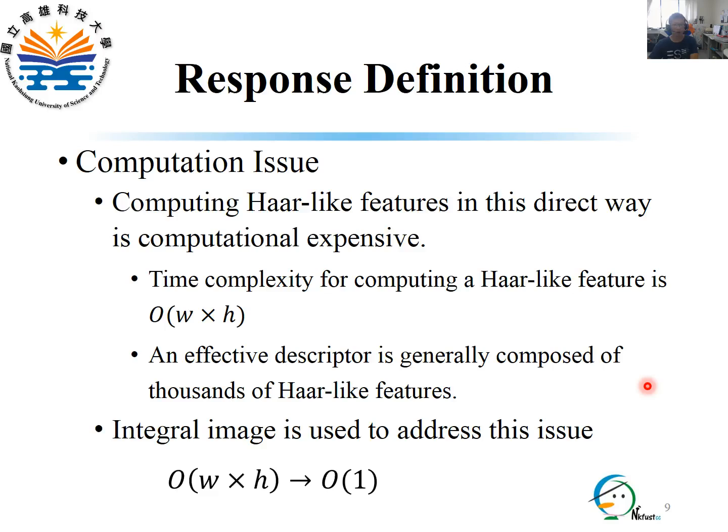This makes Haar-like features unsuitable for real-time applications. To address this issue, a data structure called the integral image is used to speed up the computation of a Haar-like feature, reducing the complexity from order W times H to constant time.